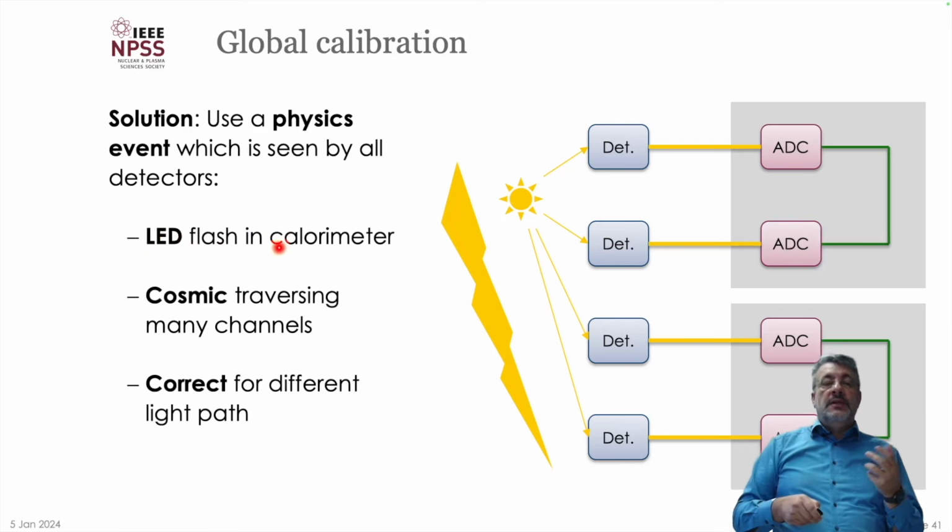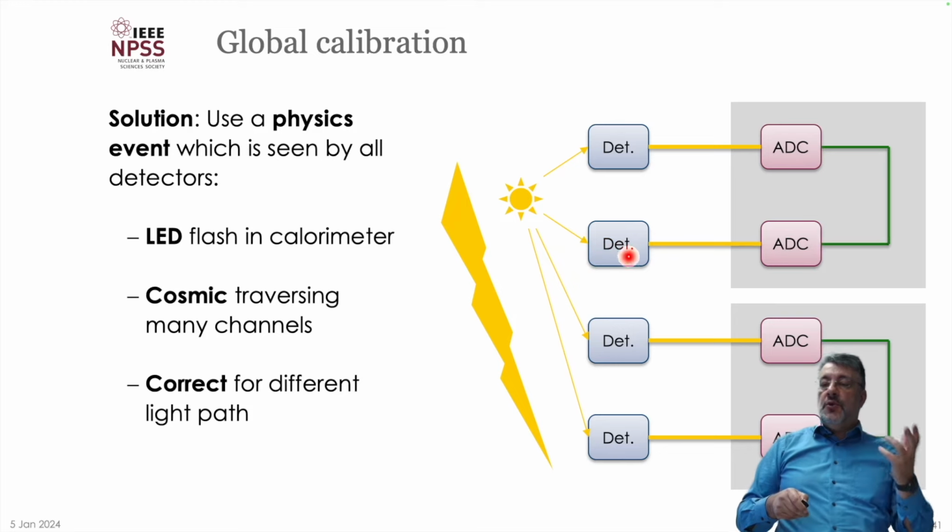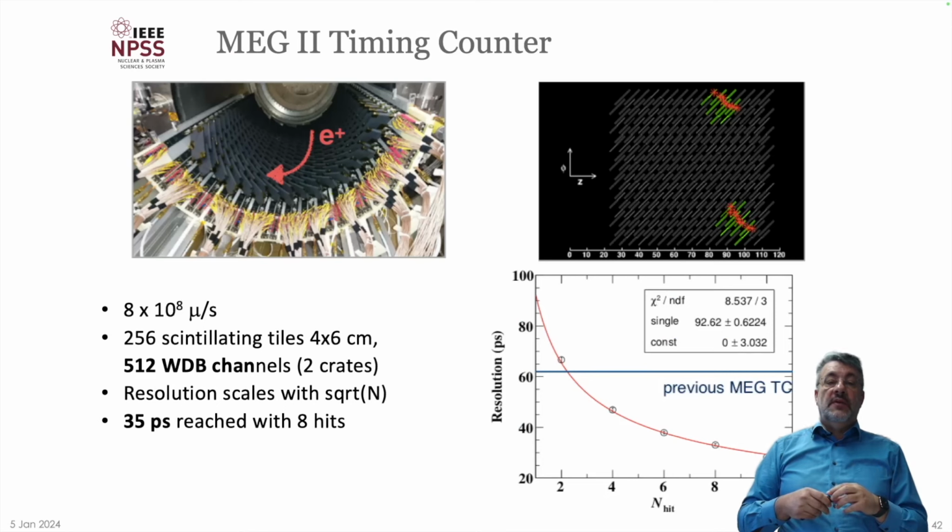So some experiments use an LED flasher, shining light at the same time to all the detectors, maybe having different light paths here, but you know this from geometry and you can correct for this. In the MEG experiment, we mainly use also cosmic events, which go through the whole calorimeter and light all detectors, and then we can correct for this efficiently, and we actually really get down into the picosecond level.